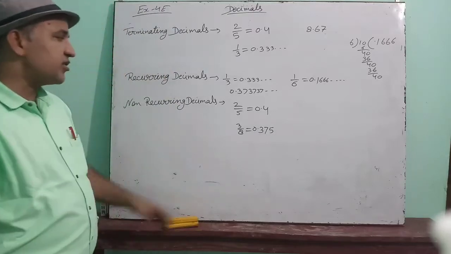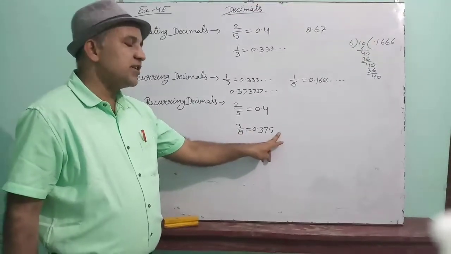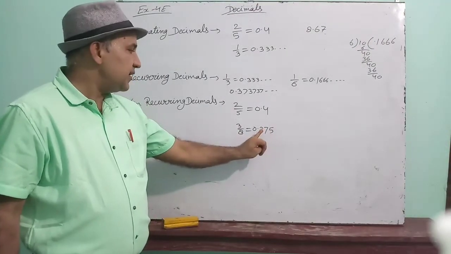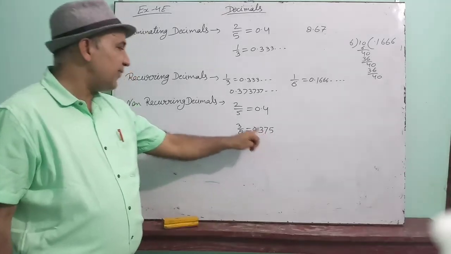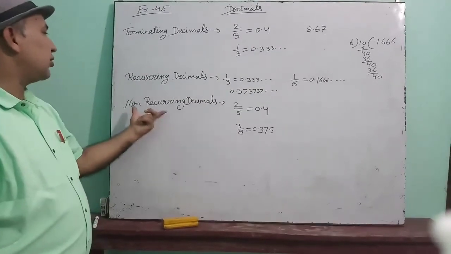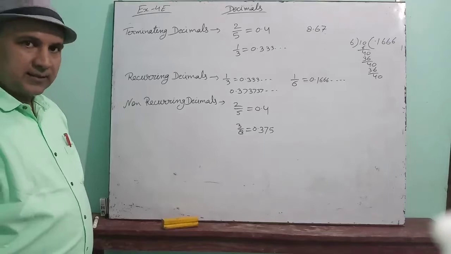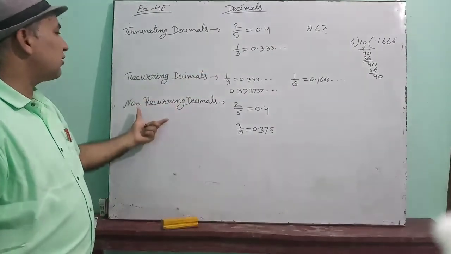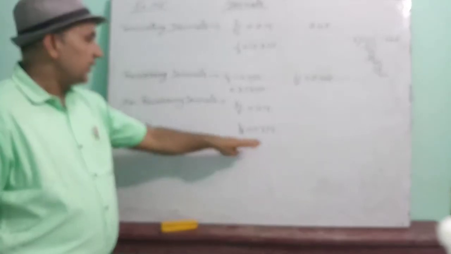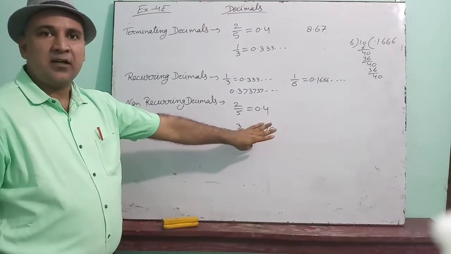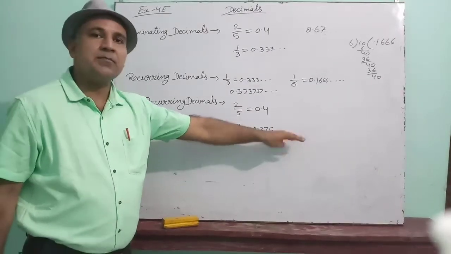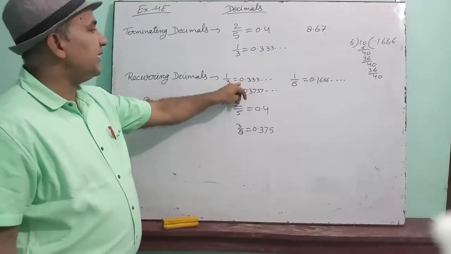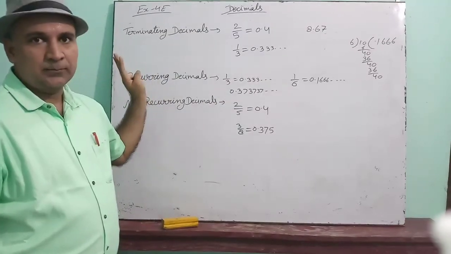When 3 is divided by 8, 0.375 is coming. It means 0.375 or 3 by 8 is called a non-recurring decimal. Okay. Recurring means repeating, non-recurring means non-repeating. Here the digits are not repeating. After a certain number of times the division is over. But here division is never ending.